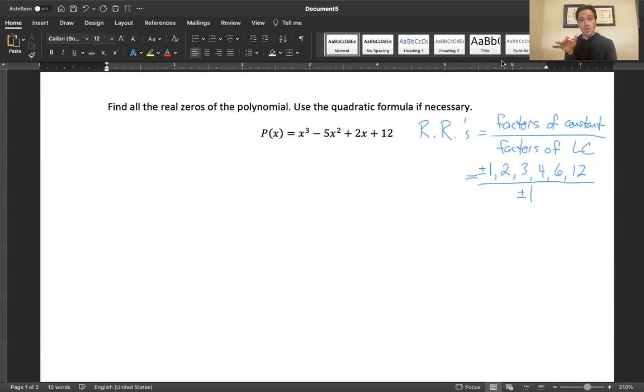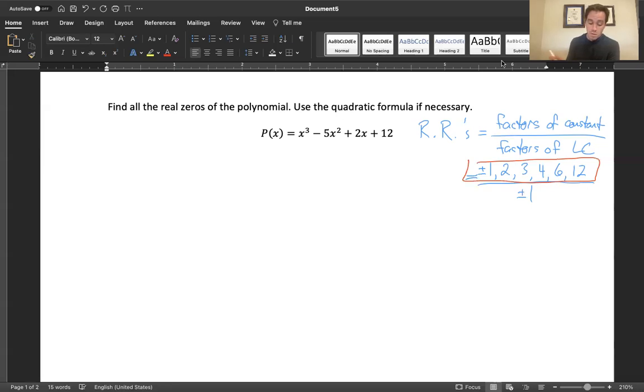Thank goodness the lead coefficient is simply 1, and so its only factor is 1. So when you have a lead coefficient of 1, it means that all of your possible rational solutions are themselves integers, because when you divide by 1, you're never going to form a fraction. So really, we're looking at all of these integers up here. That's like our universe of possible rational answers.